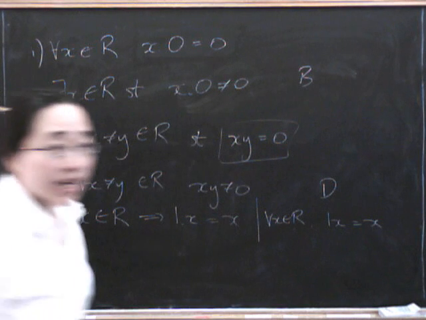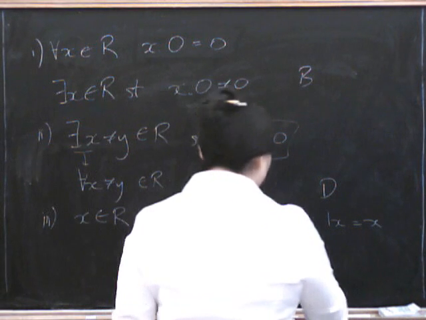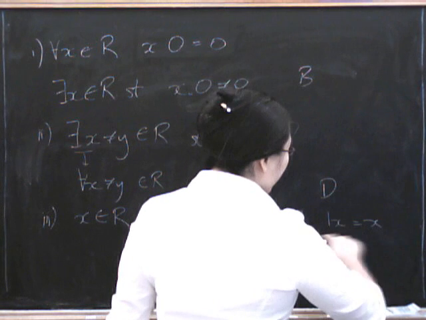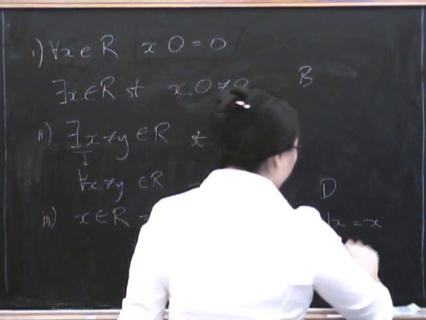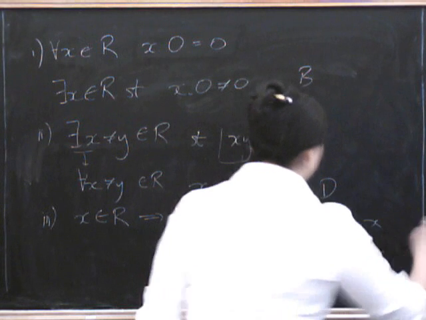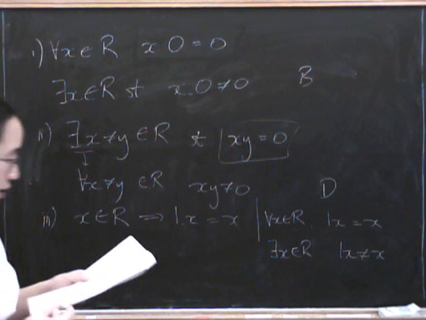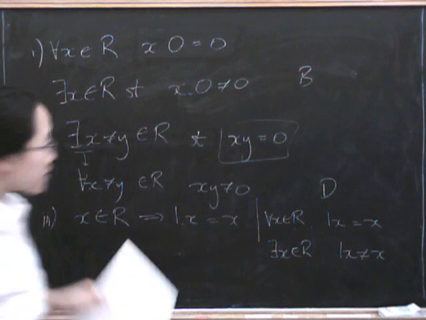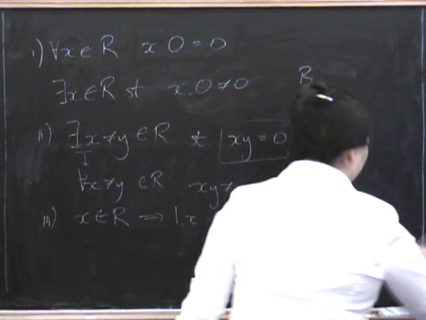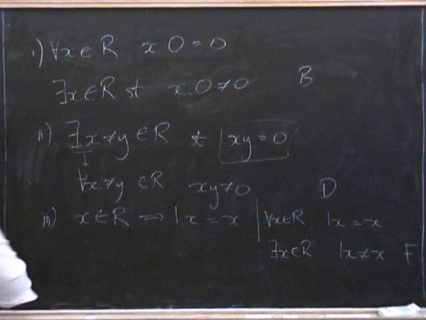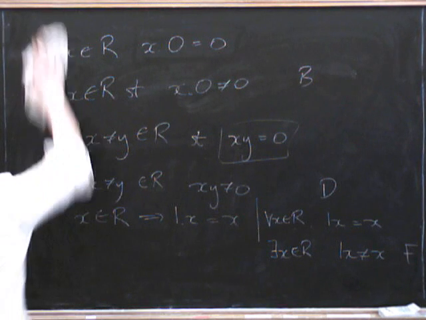And now if you can negate that, you turn this for all into an exists. And then you negate this, you take the opposite, so you get 1x is not equal to x. And that exists x such that 1x is not equal to x is f. So the first 3 were B, D, F. Now let's try 4, 5, and 6.